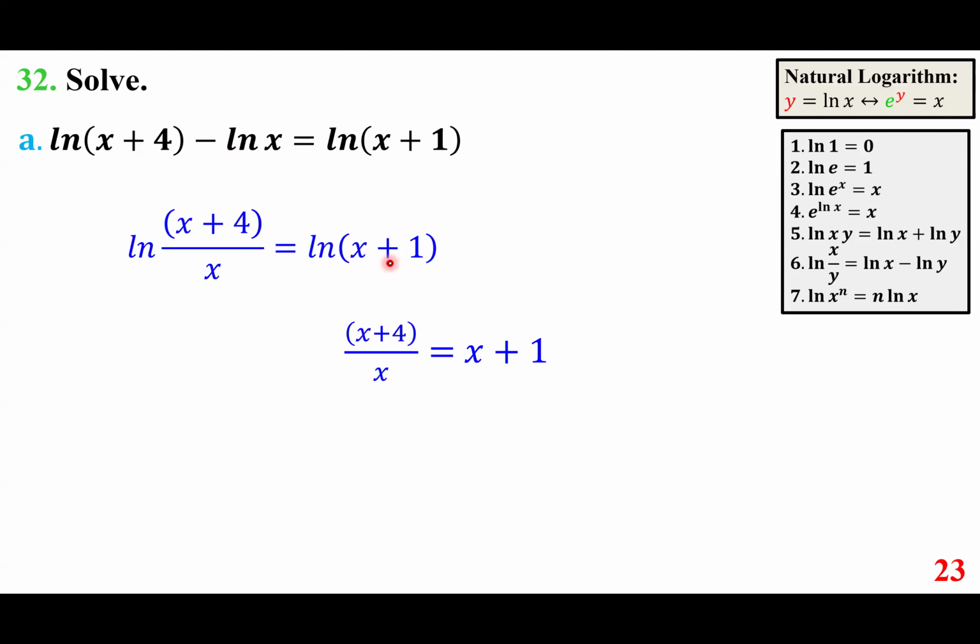And you do the cross product. This is x plus 4. This is x squared plus x. Instead of moving things around, just get rid of the common value of x. 4 becomes x squared.